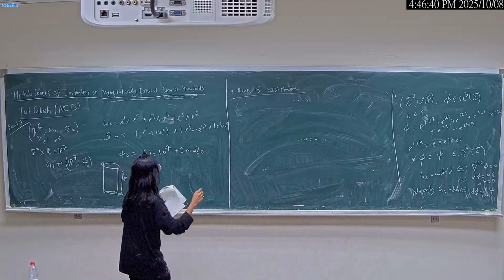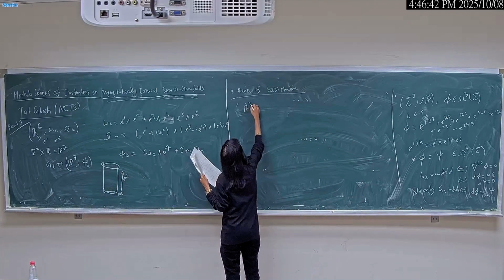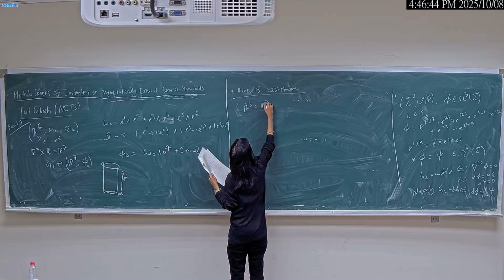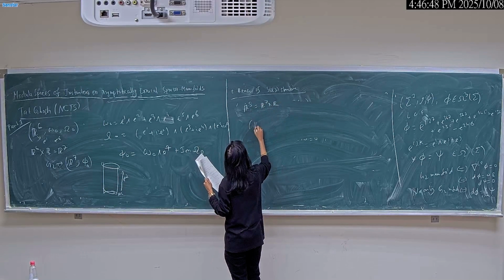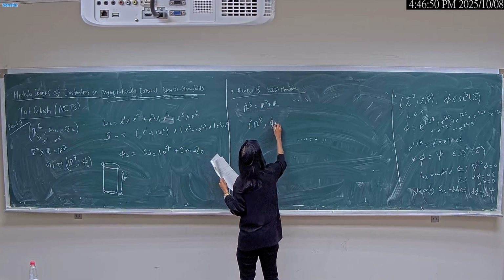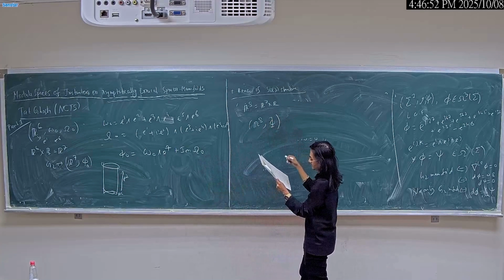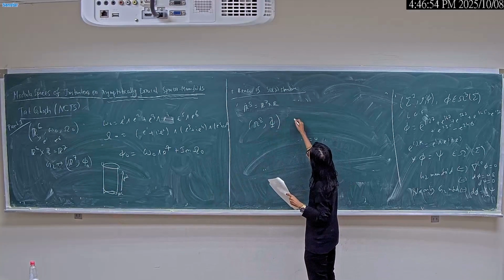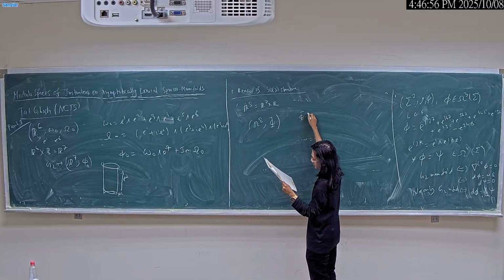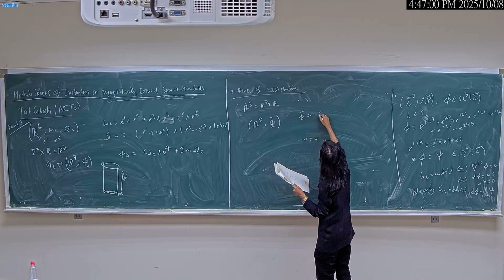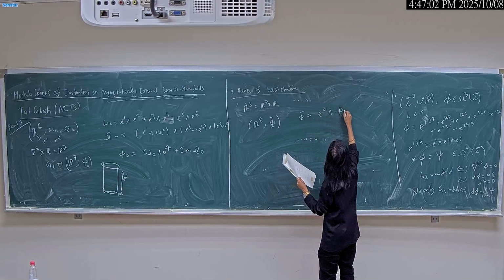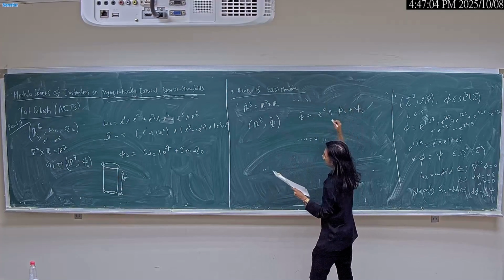On R8, by considering R8 to be R7 cross R, I'll define a 4-form on it. By this 4-form is e0 wedge phi0 plus star phi0.